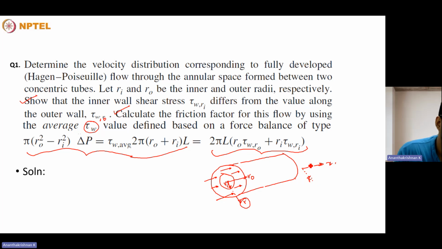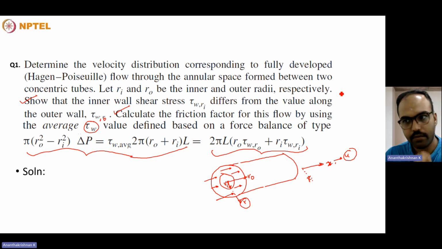The velocity variation will be in the r direction, because this is a fully developed flow, and we could assume that the variation of the x direction velocity, u, with respect to x is equal to 0, since it's a fully developed flow condition. So we can tackle this problem by using the governing equations.